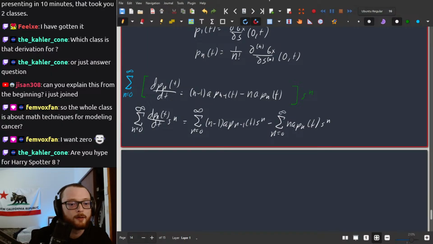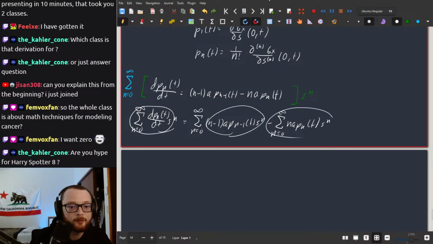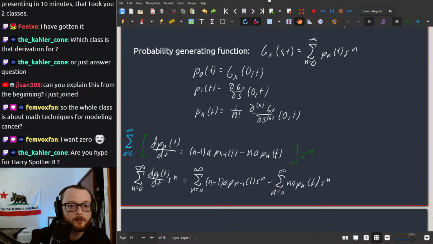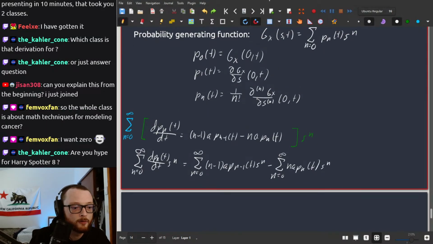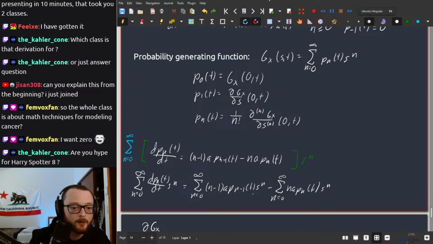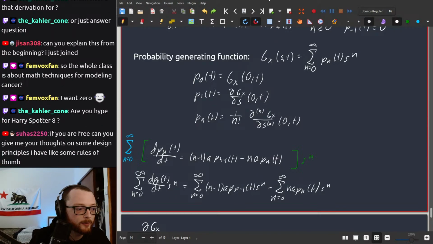Now we want to think about how each of these individual pieces looks in terms of g. On the left side, this is just the partial derivative of g with respect to time. This term here, we want to mess with the indexing.